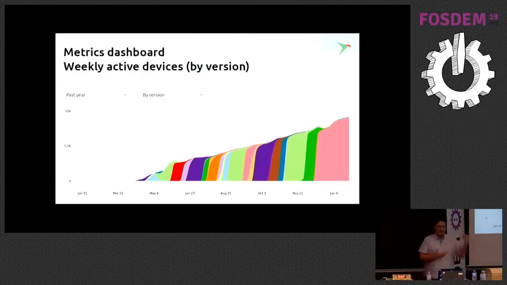This one is broken down by version. So each color is a new version of the application being delivered to users. So in this graph, you can see how updates to a popular secure messaging client are rolled out, and those replace the older, buggy, insecure, and unsupported releases.